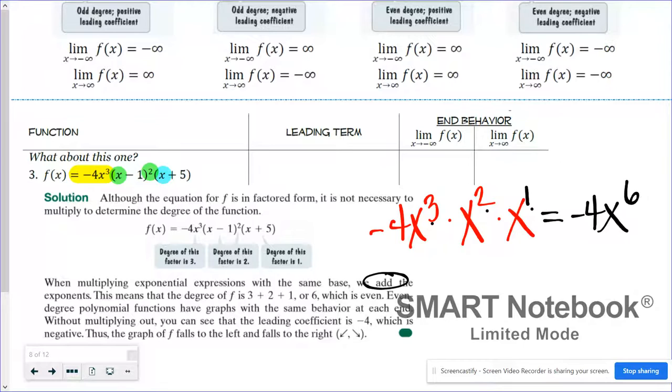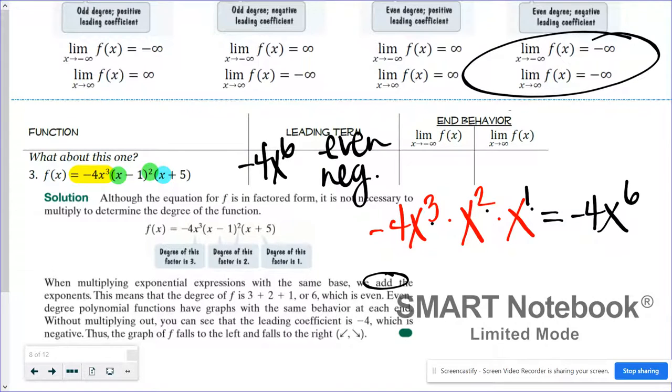So negative 4x to the 6th power is my leading term, okay? This is an even degree, and it's negative. The negative 4 makes it negative. So even negatives, this is their end behavior. So on the left and right, you have equal end behavior, and they're both negative infinity.